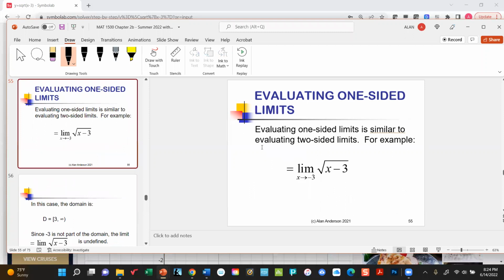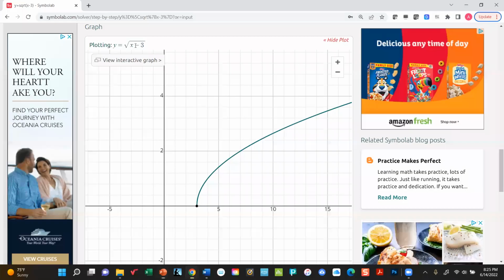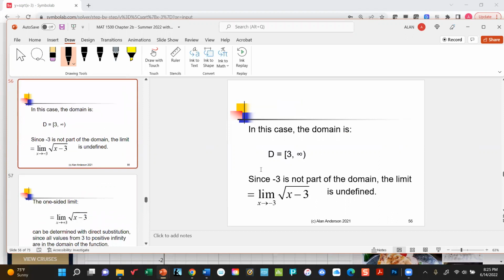So the function's domain starts at 3. So trying to calculate the limit from the left isn't going to work because there are no values of x below 3 that are in the domain. The limit would just be undefined. But coming from the right is a very different matter.